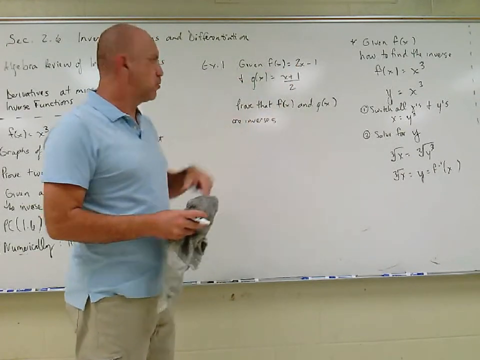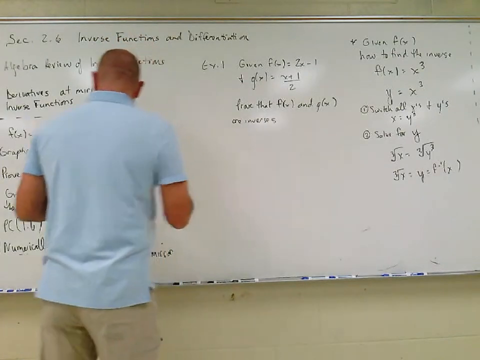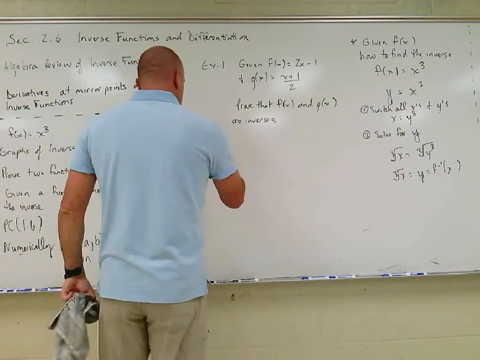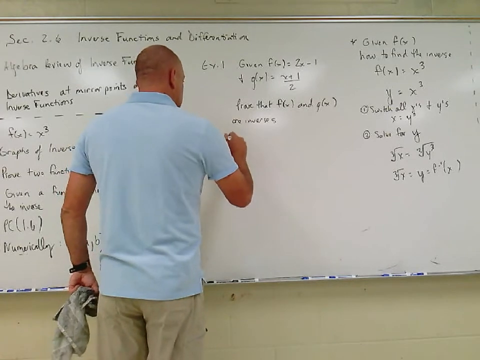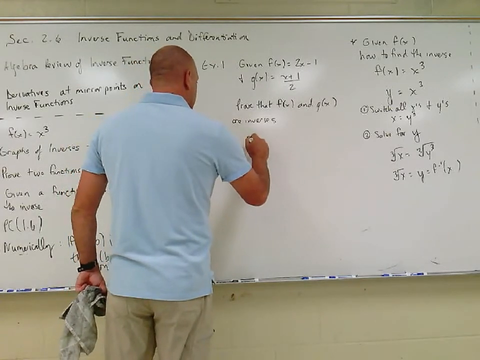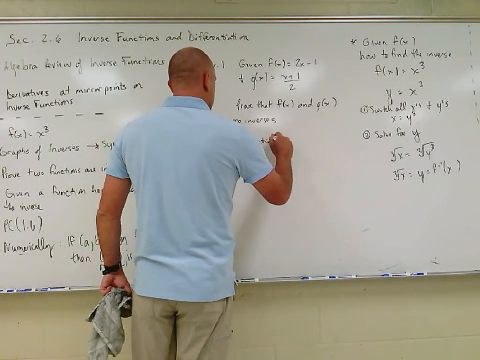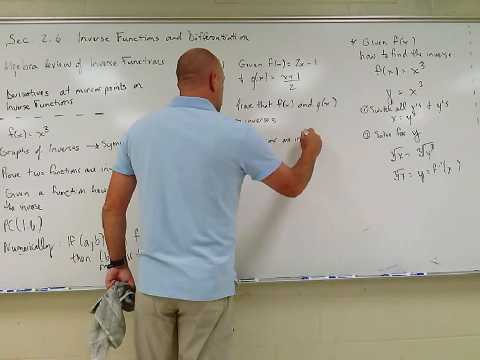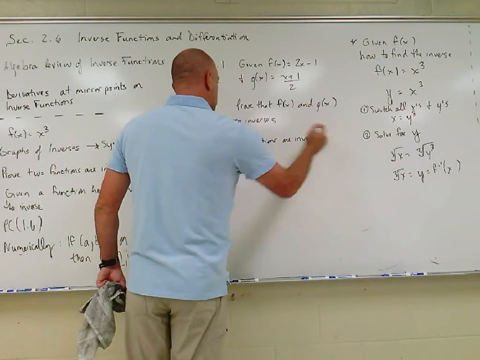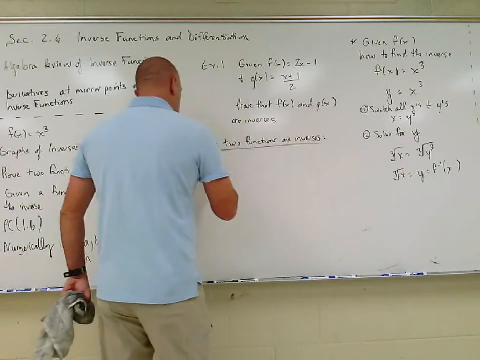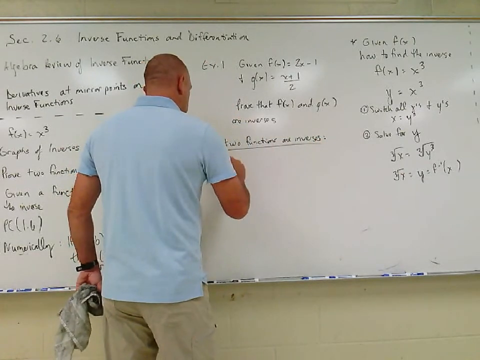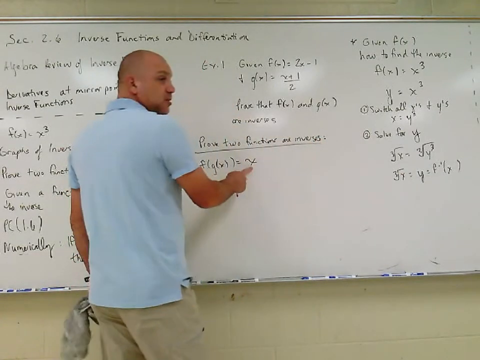Now, we're not going to take one and switch x and y and find the other one. There's a way to just prove it, and here's the proof. To prove 2 functions are inverses, this is what has to happen. If you do composition, if you do f of g of x, you should reduce and simplify to x.